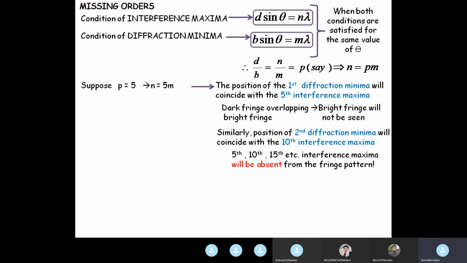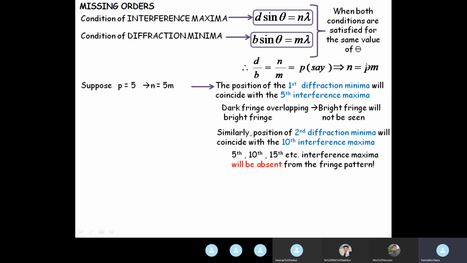Only because of this relation n equal to 5m, or because of this relation d equal to 5b over here, those integral multiples of the interference bright fringes are absent.